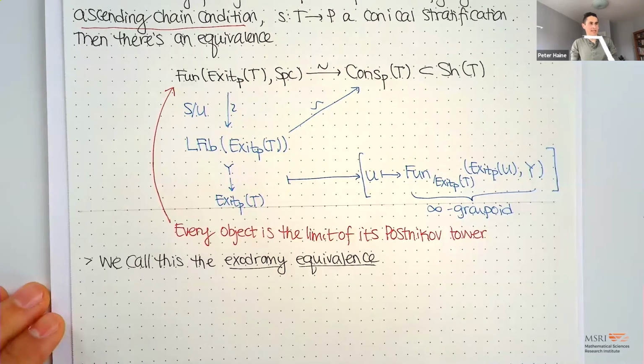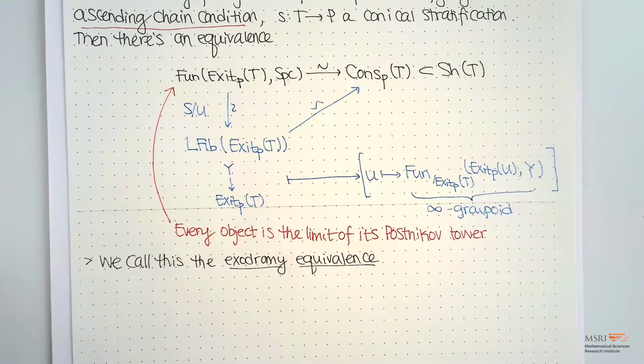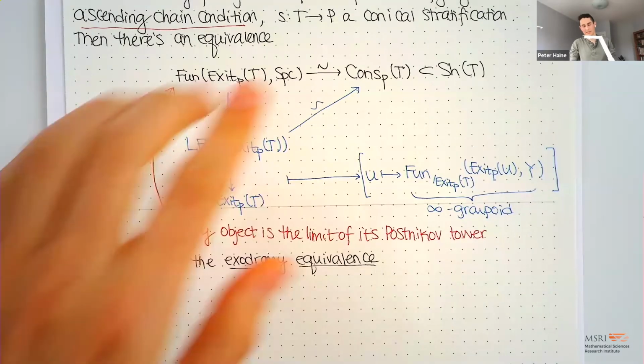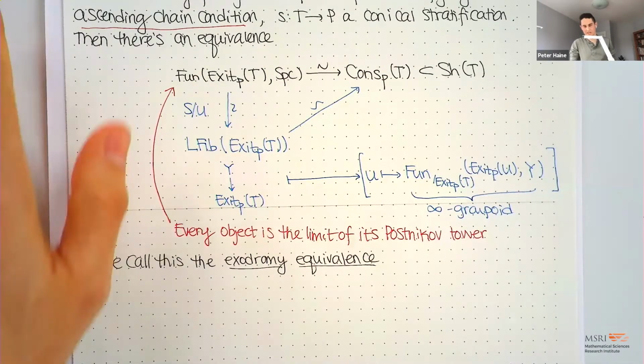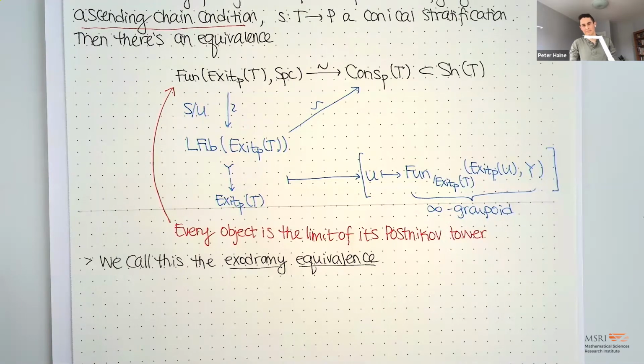Can we not just drop the ascending chain condition and then put hypercomplete on the right side? Well, I'm not sure you can just do that, actually. This is a sort of heuristic, but I don't think you can.